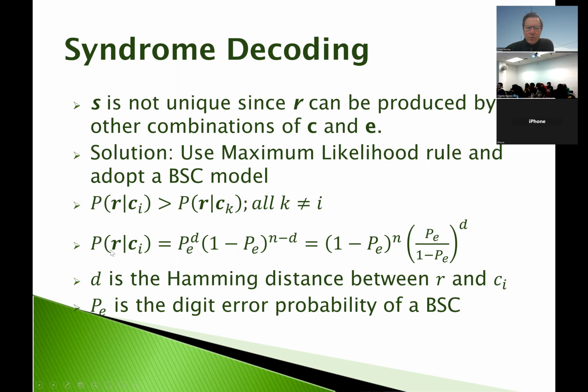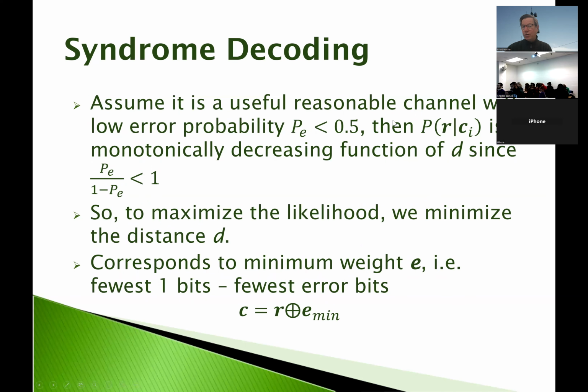So we want to figure this out relative to this Hamming distance, and we'll note that P sub E is the digit error probability of a binary symmetric channel. So the probability of changing any given digit, right? Again, hopefully that's small, certainly less than 0.5. If the probability of an error is greater than a half, you've got a really bad channel. It's going to be useless.